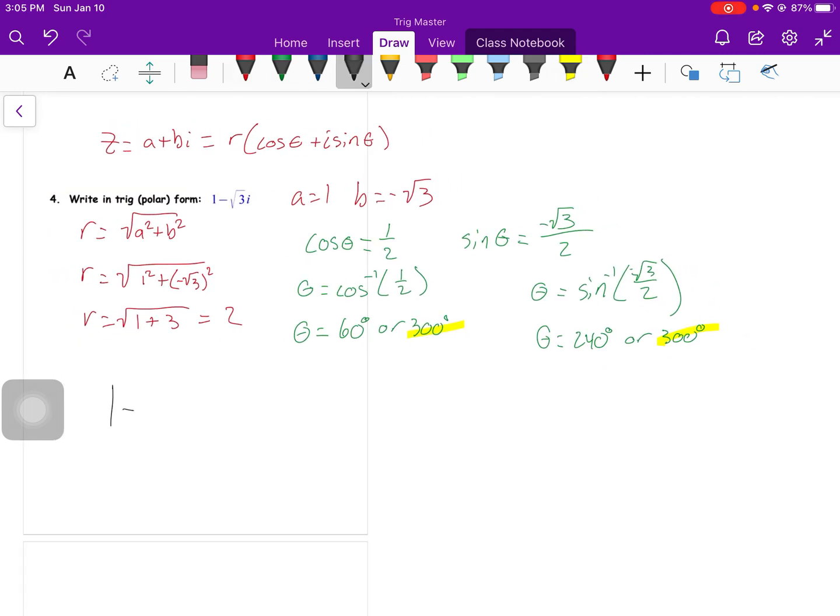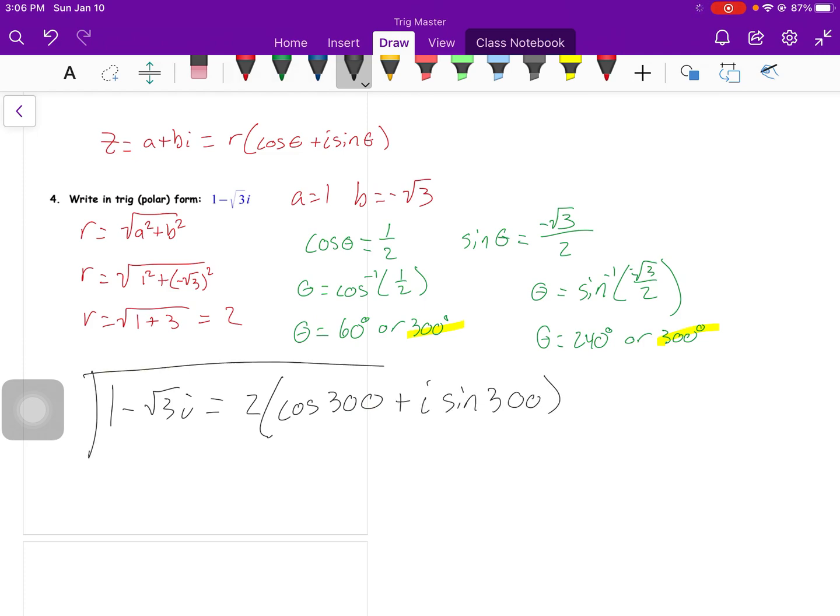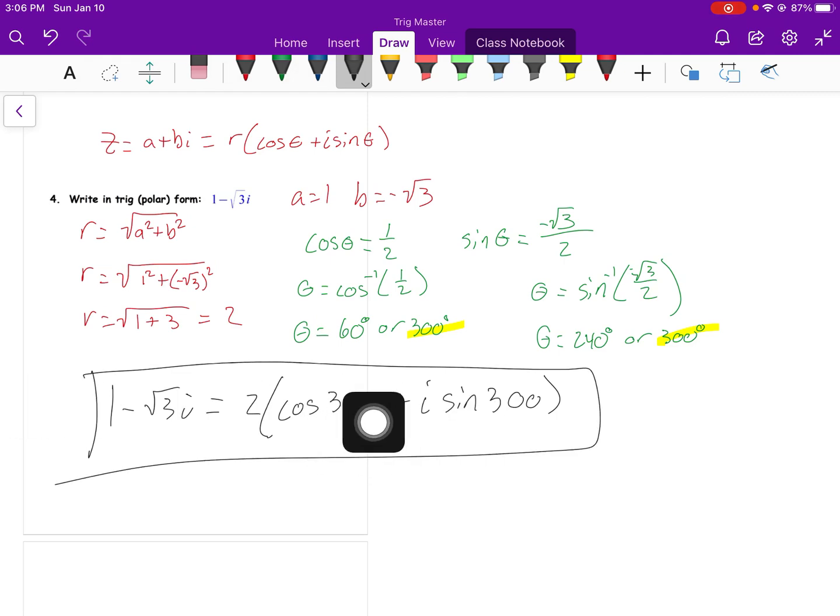So my final answer for 1 minus square root of 3i in trig form is going to be my radius of 2 times the quantity of cosine of 300 plus i sine of 300. All right. And then we don't need to simplify this at all, because if we simplified it, it would just come back to this thing over here.